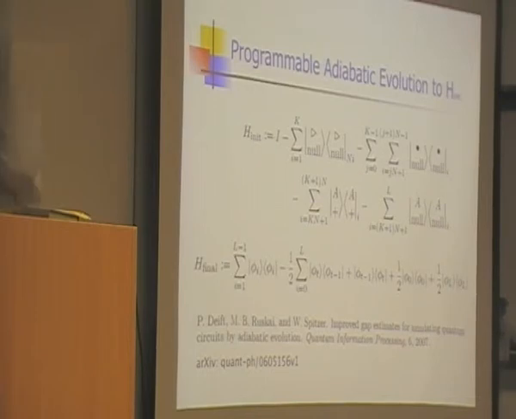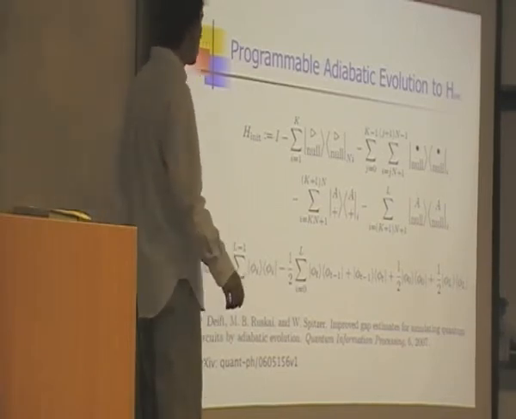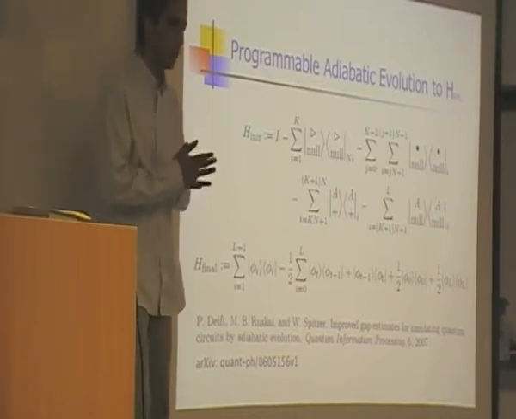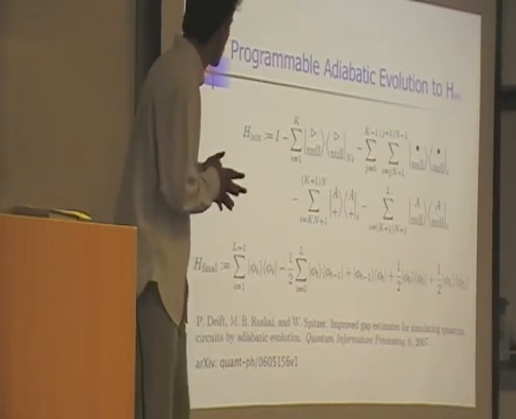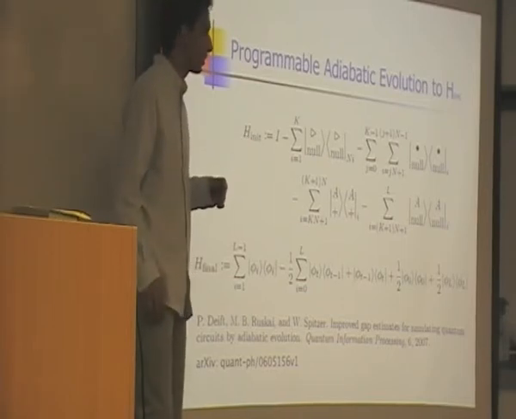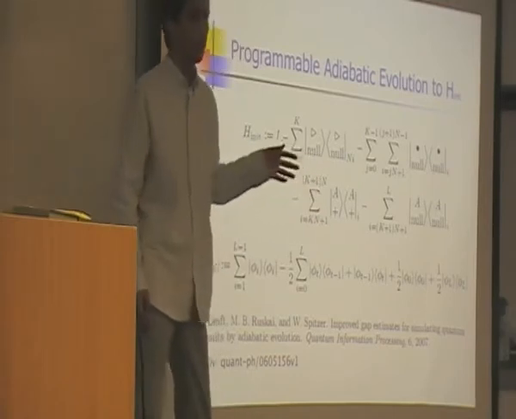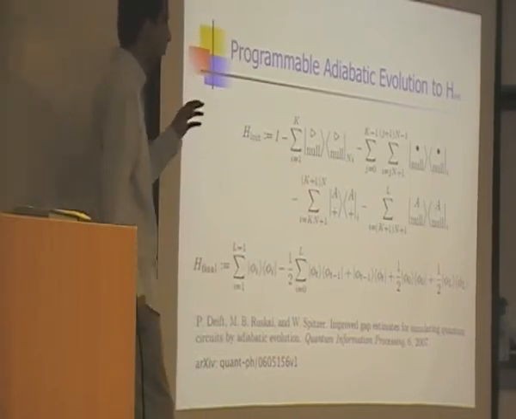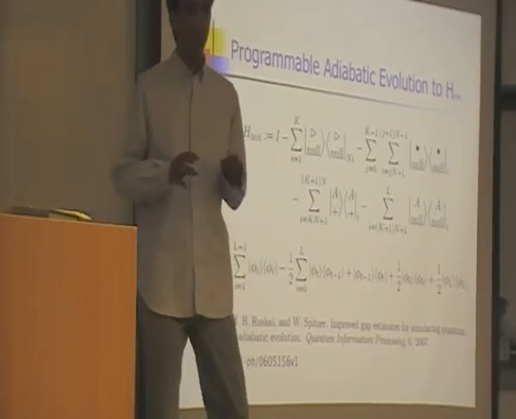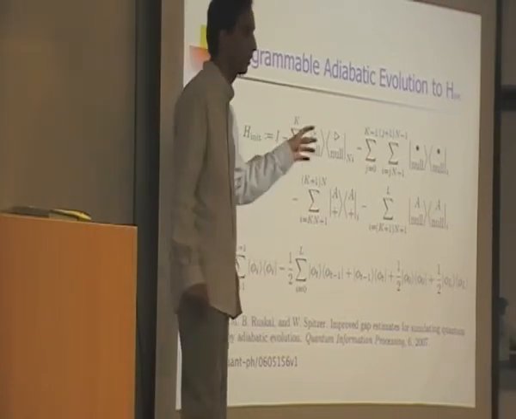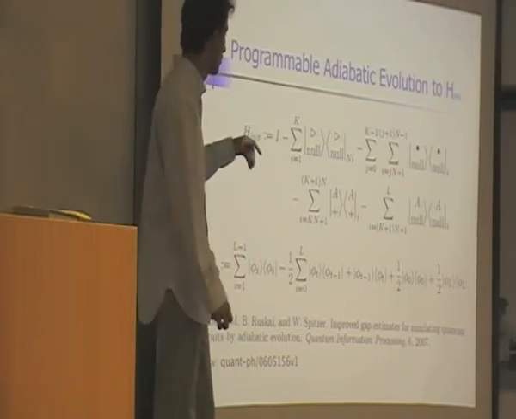And here are our programmable Hamiltonians for our adiabatic computation. The initial Hamiltonian: we add an energy penalty to any state except what we need for our first configuration, or initial configuration.